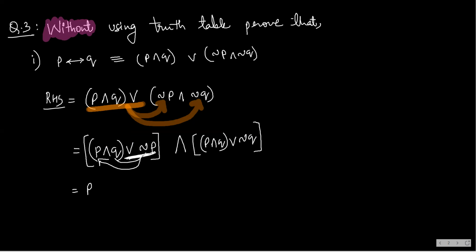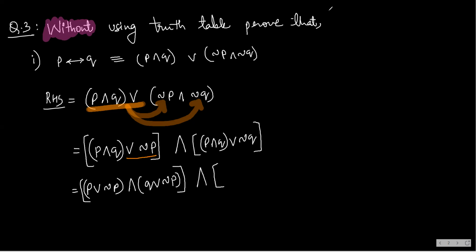So P or negation P, and Q or negation P. Then we have this one, and here also distribution: P or negation Q, and Q or negation Q.